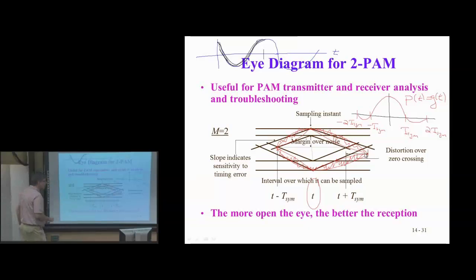Now, as the noise increases in power, now the eye starts closing. And eventually, if I get enough noise power, the eye will close. And my thresholding is now getting to the point of a coin flip. The noise is so powerful. It's overwhelming the signal.